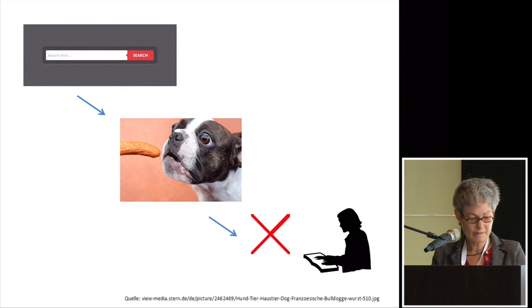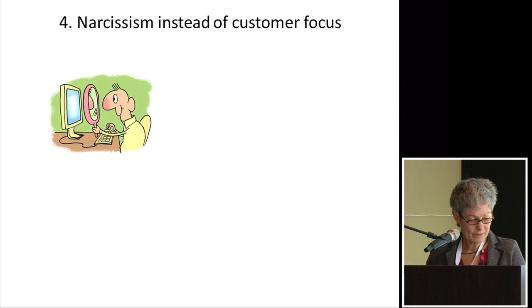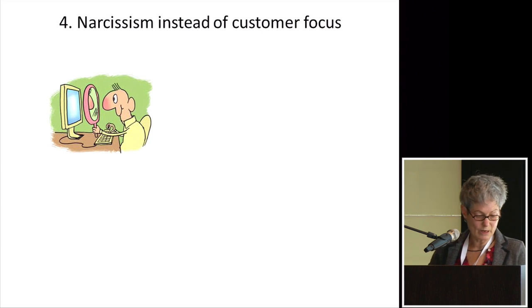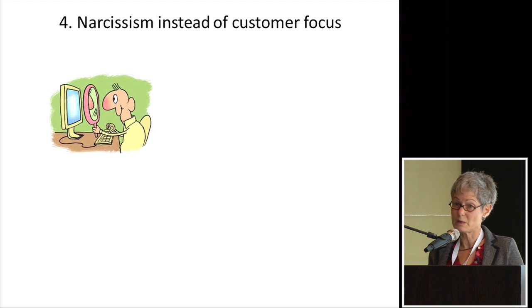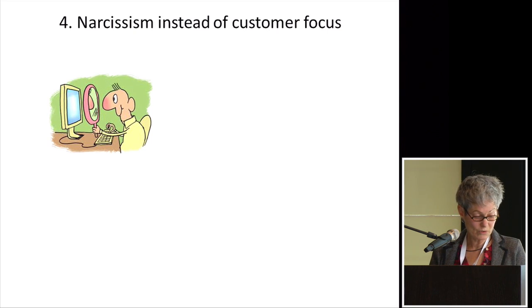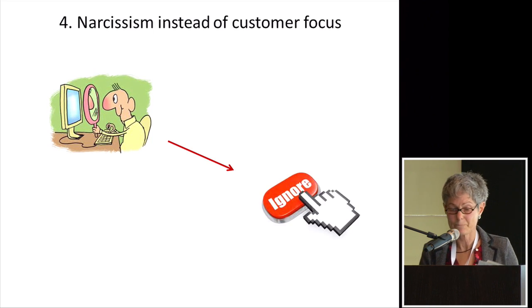Some libraries seem to expect their customers to be interested in the library and its wonderful achievements. But customers turn to the service provider with their own concerns, and they want to be sorted out promptly and unhampered by barriers. They do not want to be entertained or admire the library for its groundbreaking ideas.